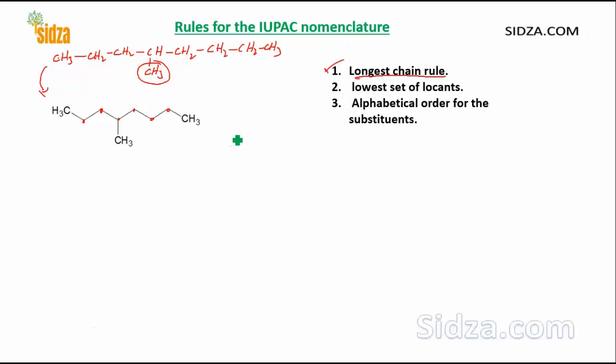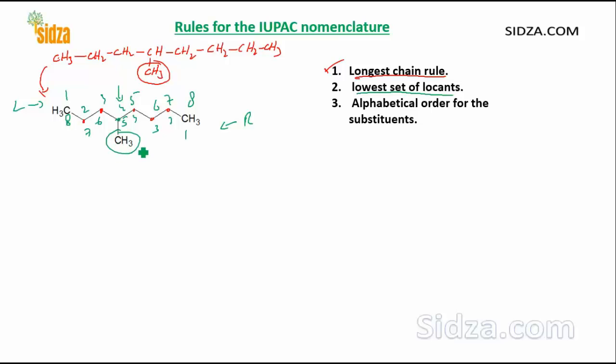The numbering should be done so that the substituent group gets the least number. That means if I start the numbering from the left side over here, it will be number 1, this is 2, 3, 4, 5, 6, 7 and 8, right? But if I start the numbering from the right side, it will be number 1, 2, 3, 4, 5, 6, 7 and 8. The left side numbering gives this particular carbon the value of 4, right?